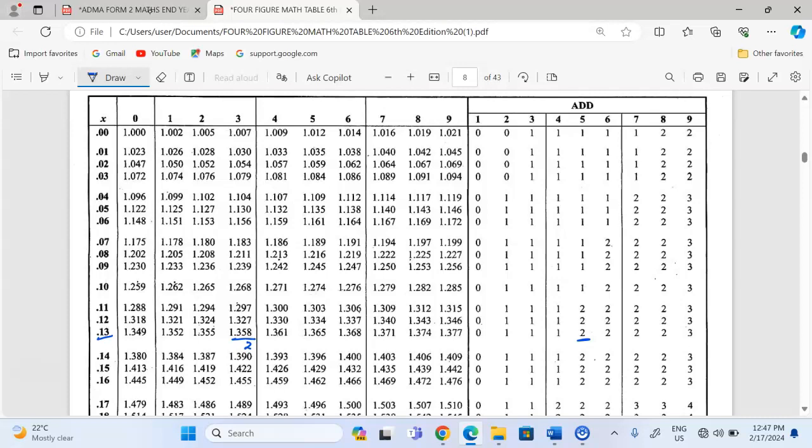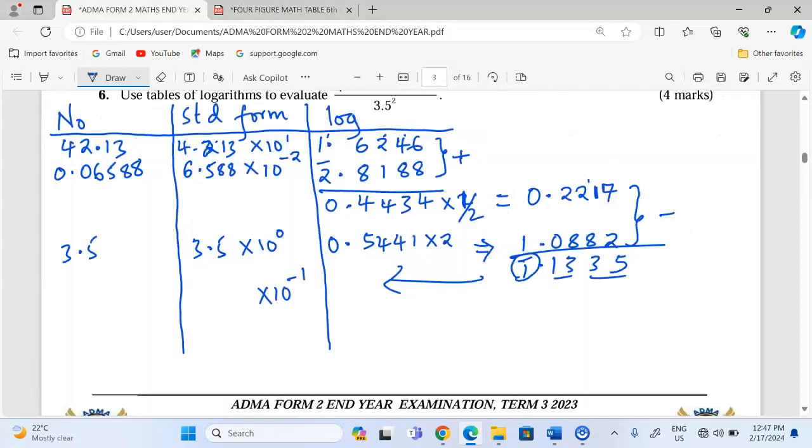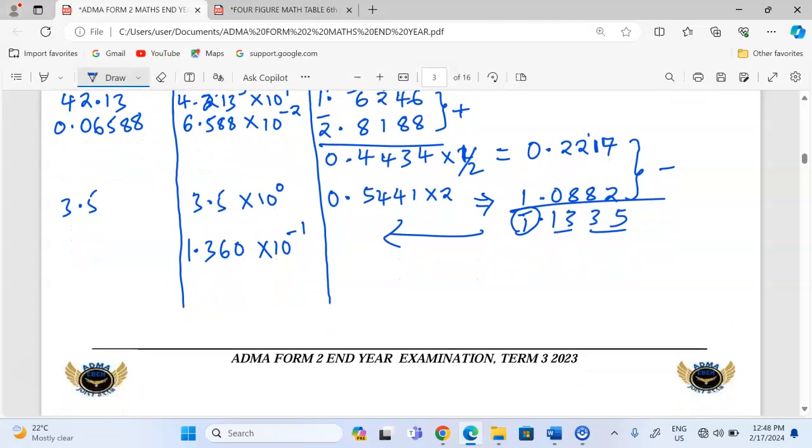And because this becomes a 10, it will be 0, then 6. So 1.360. Then when we multiply by 10 power negative 1, this becomes 0.1360. So this is the final answer.